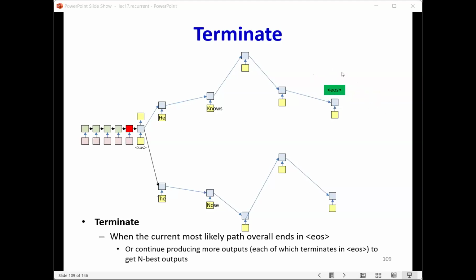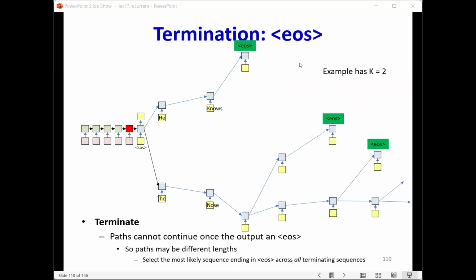At any point, you have a bunch of partial hypotheses. If the hypothesis that ends with the end of sentence marker is the highest currently scoring hypothesis, that's the one you're going to output. Of course, this also gives you the ability to generate the n most likely hypotheses instead of just the top 1 hypothesis, and that too you can do.